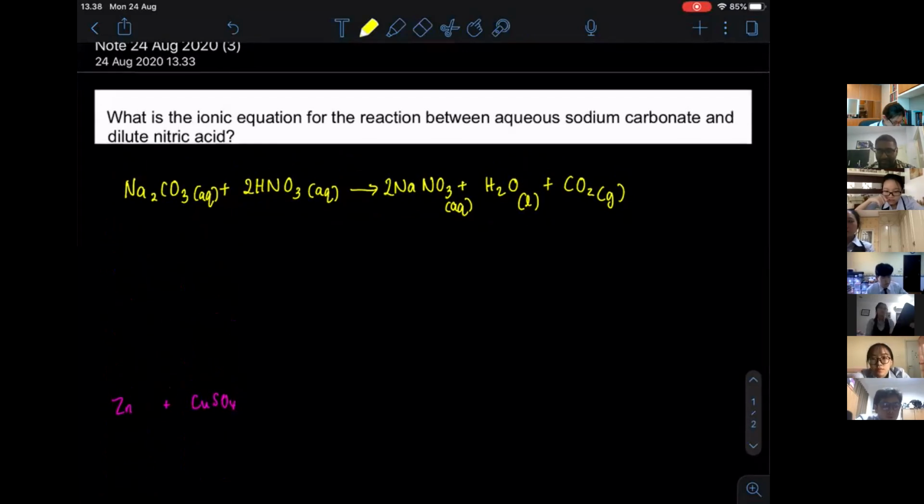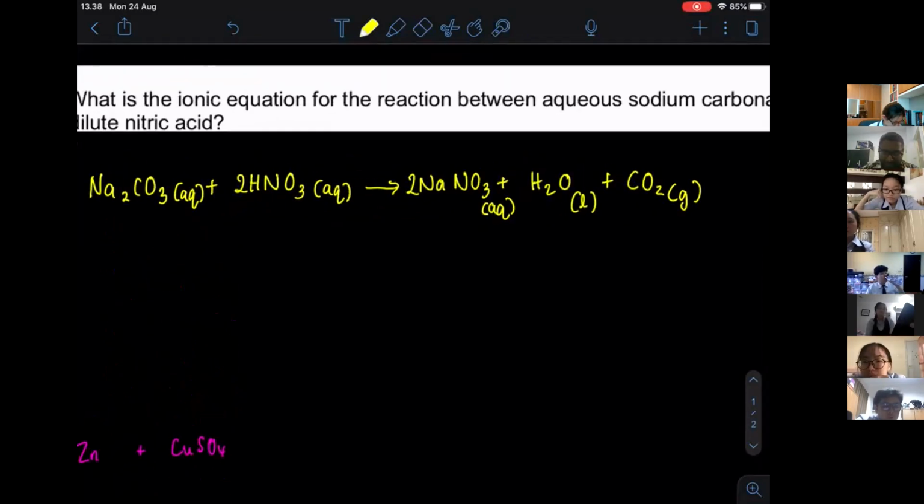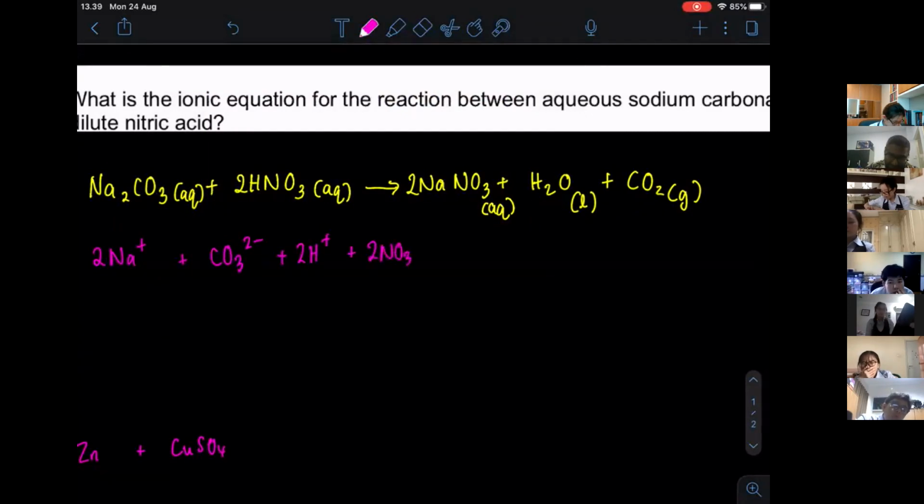Okay, let's look over here. If I want to write down the ionic equation, you see aqueous, so they will form 2Na+ plus CO3 2-, aqueous, they will separate, plus 2H+ plus 2NO3-. Why do they separate?